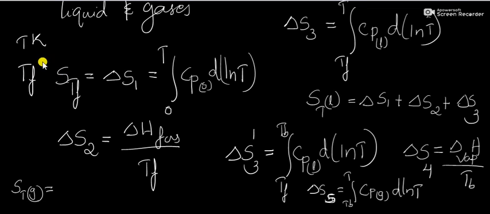Here TF represents its fusion point, that is, S at TF equal to delta S1, which is equal to integral 0 to TF Cp of solid, d ln T. This entropy calculation can be done from the area under the curve of a plot of Cp of solid versus ln T in the temperature range 0 Kelvin to TF Kelvin.